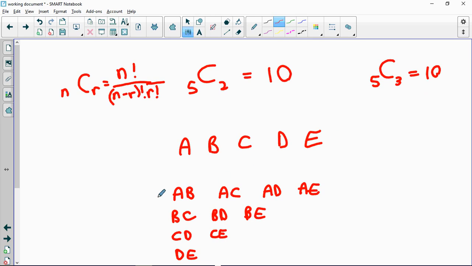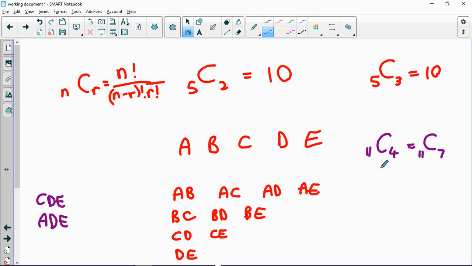It shouldn't surprise us, because when I choose A and B, I'm actually not choosing C, D, and E. And when I choose B and C, I'm not choosing A, D, and E. So there'll be exactly the same number of choices for 3 people from 5 as for 2 people from 5. Just to reinforce that, the number of ways in which I could take 4 people from 11 would be exactly the same as 7 people from 11.